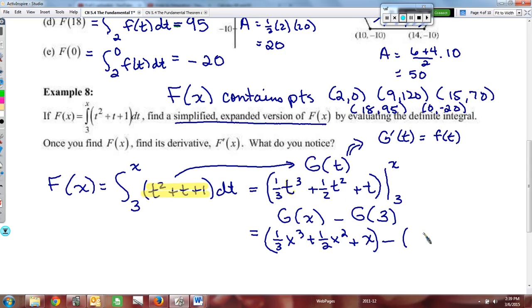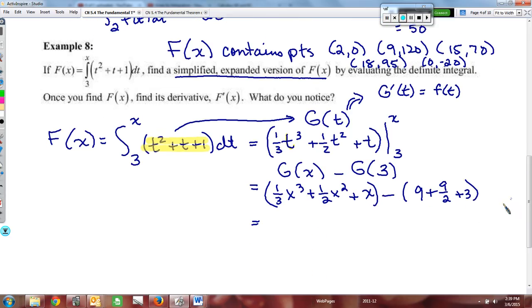And then we put in our 3 here, 3 squared, we're going to have plus 9/2, and then plus 3. So we're going to end up with, as a final accumulation function, 1/3 x cubed plus 1/2 x squared plus x, and then this ends up being what, 12 plus 4.5, 16.5, so plus 16.5.